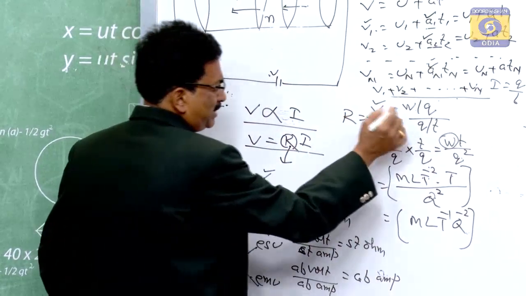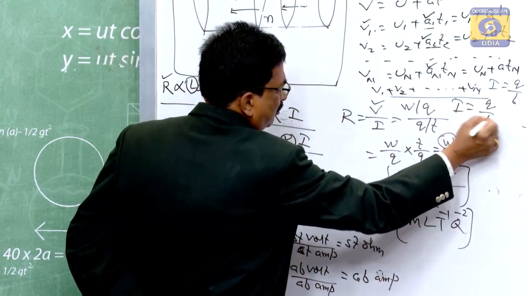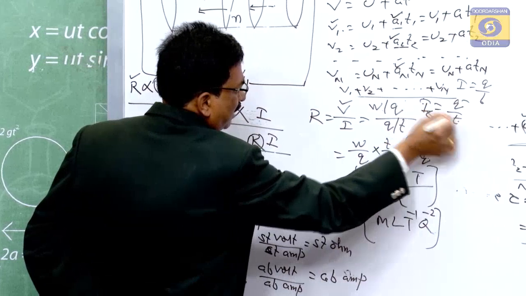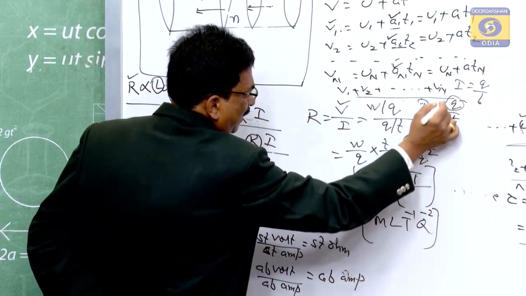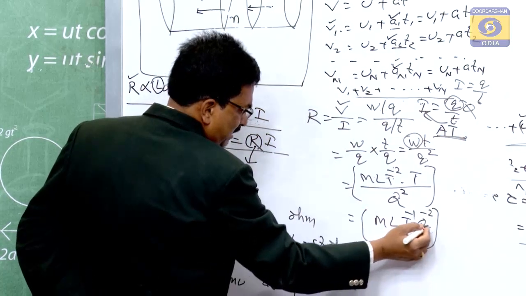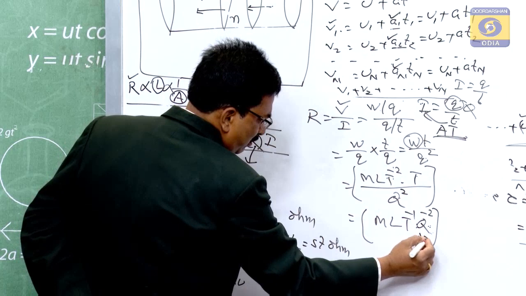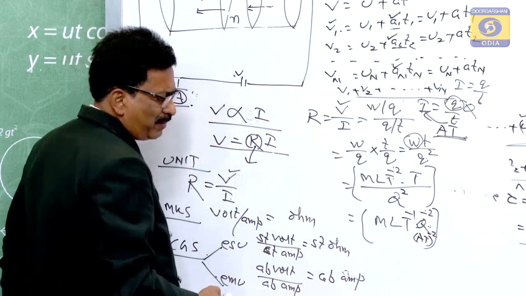Also you can replace it, as you know that I equals Q by T. So, Q equals I T. I means the ampere, T is the time. So, capital Q dimension can also be written as AT. If we substitute AT for Q T, then Q T to the power minus 2 means AT to the power of minus 2.